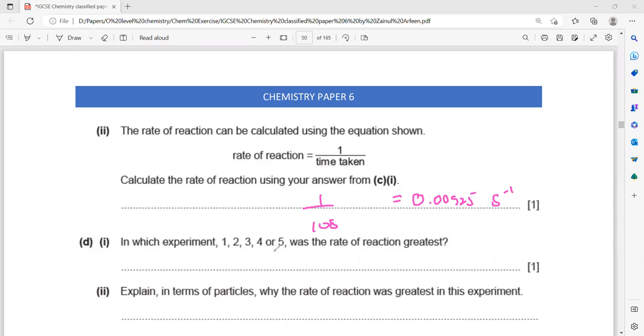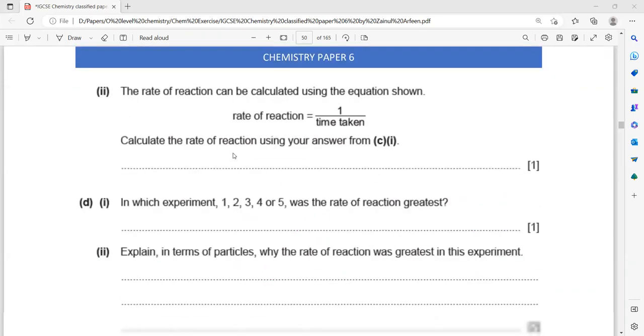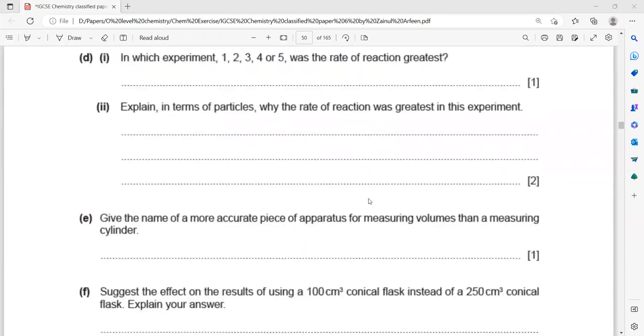In which experiment, 1, 2, 3, 4, or 5, was the rate greatest? Which experiment was the reaction fast, the one in which the time taken was least? So we'll say experiment 1, because in experiment 1 the reaction completed in 27 seconds. So experiment 1 was the fastest. Then explain in terms of particles why the rate of reaction was greatest in experiment 1.